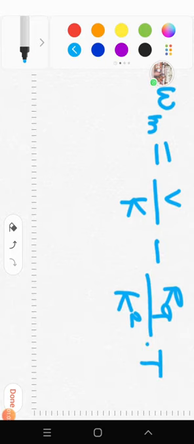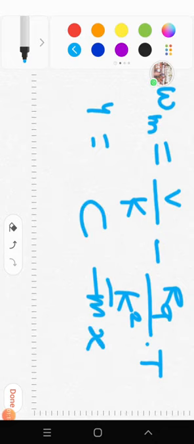So this was a straight line equation in the form y equals mx plus c, where slope is negative, slightly negative, almost zero.